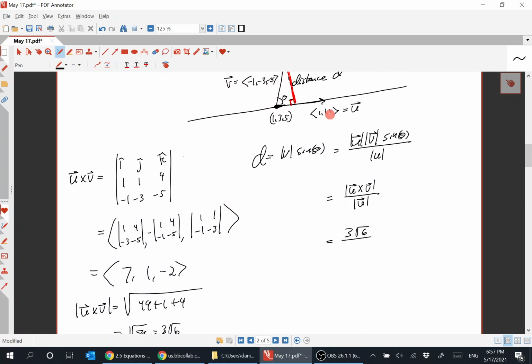Length of u is square root 16, 17, 18. Alright, so 3 root 6 over square root 18. So that's 3 root 6 over 3 root 2. So just square root of 3. Okay.